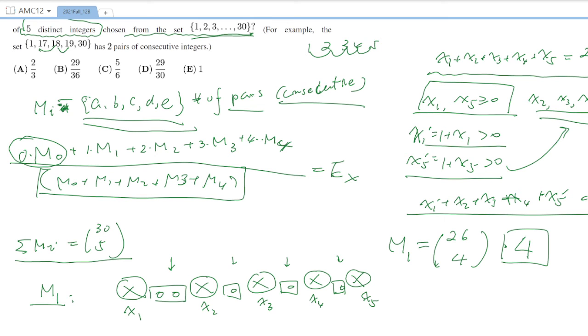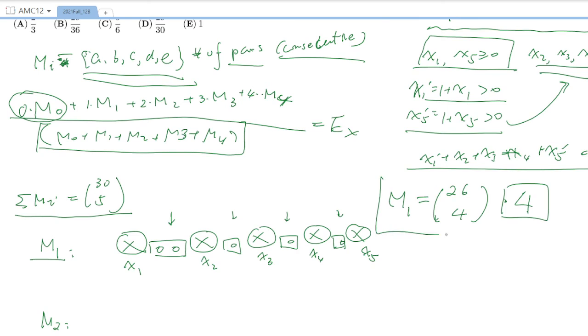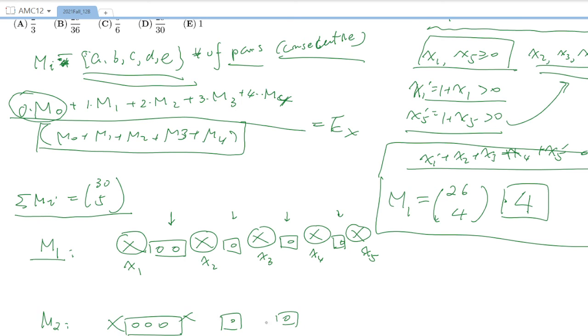Similarly, let's do the M2. I will box this, this is M1. We use a very similar way to count M2. The M2 will be two pairs. I can have this one and two separate ones, or I can have this one and this one.